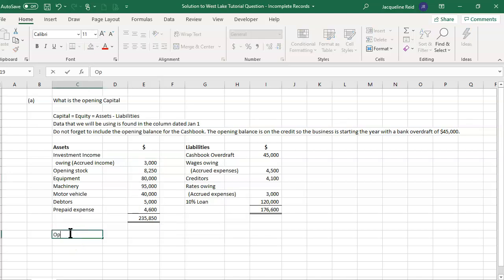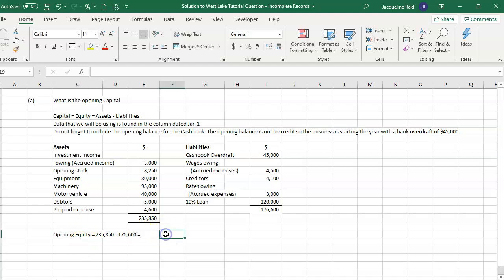The opening equity, also known as the opening capital, is $235,850 minus $176,600. So that leaves us with an equity figure of, let's see what that works out to be, $59,250. So that means we have now finished part A of the question.